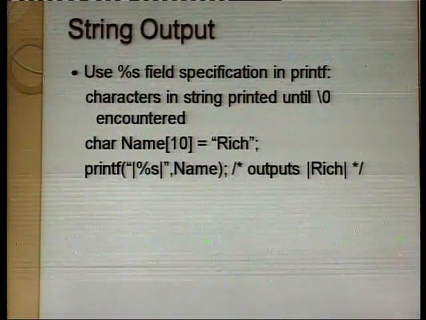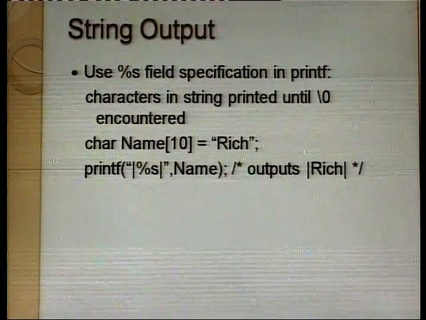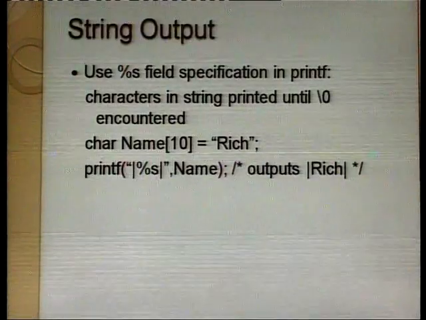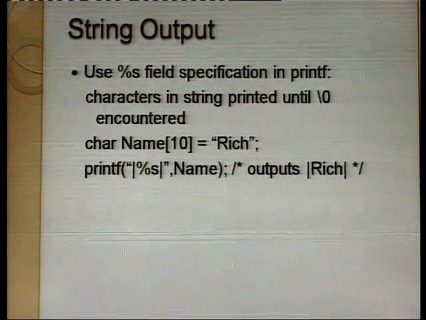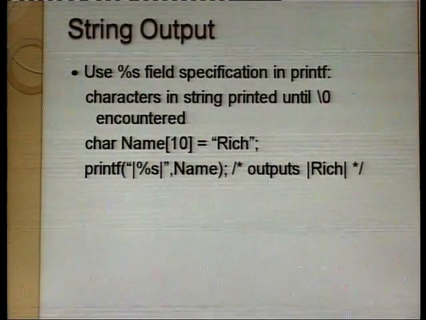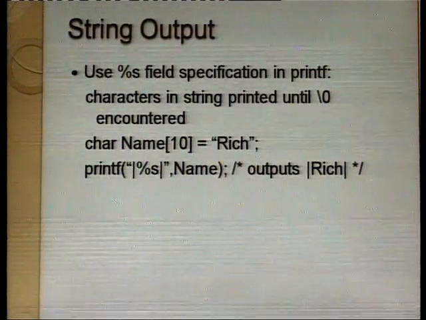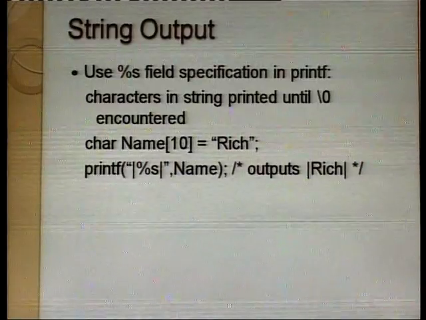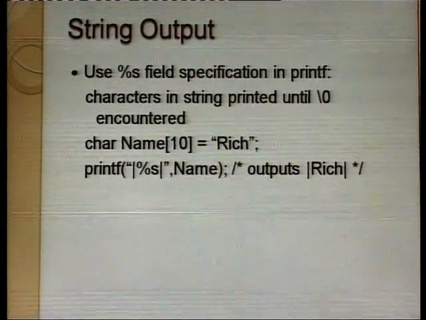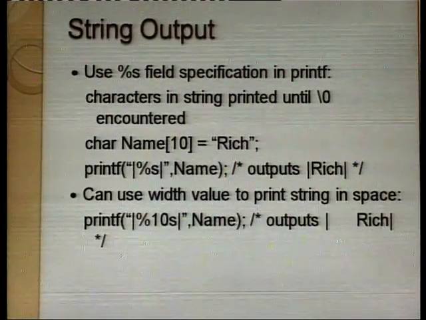Let us look at the example char name[10] = "rich". When printf("%s", name) is used, the output is rich, meaning after rich, after 4 places, there is a null character. So printf reads all the characters. Whenever the null character is encountered, it stops reading and displays the word.